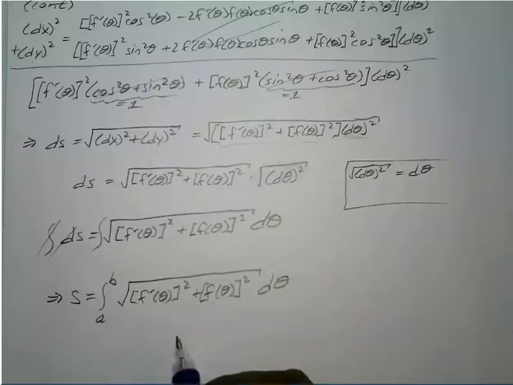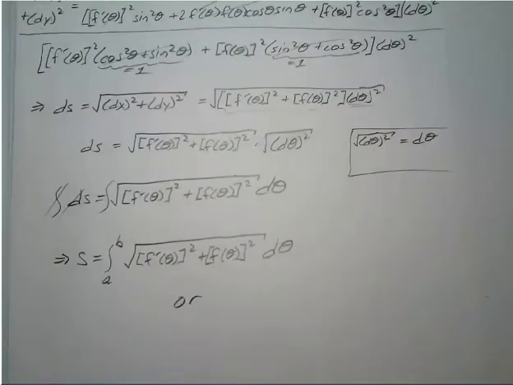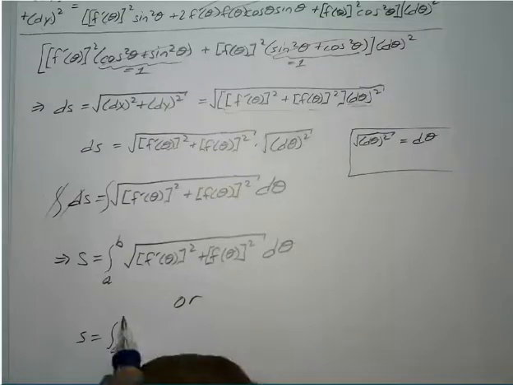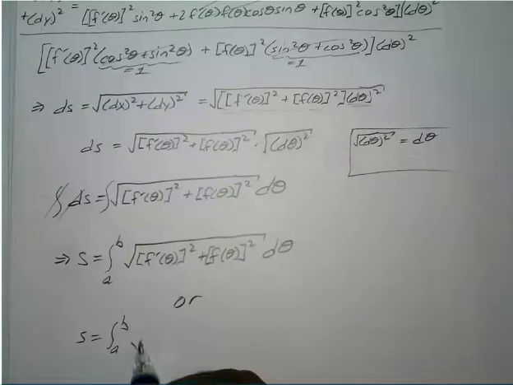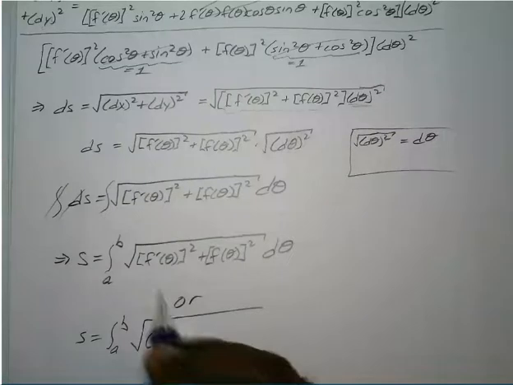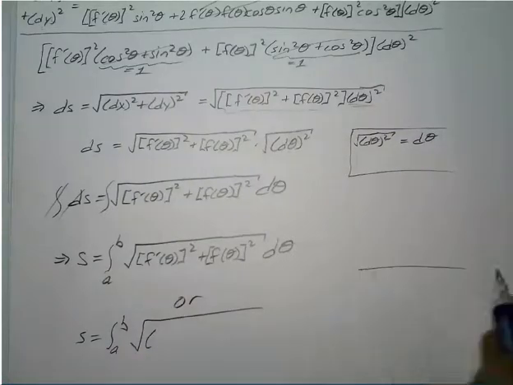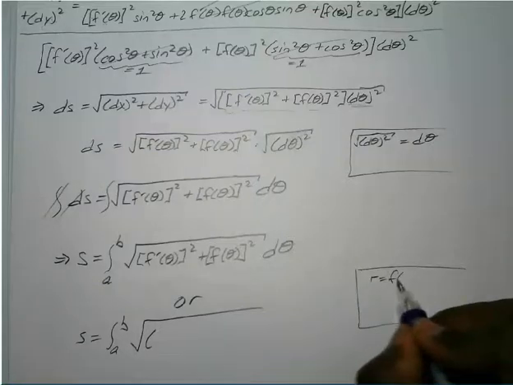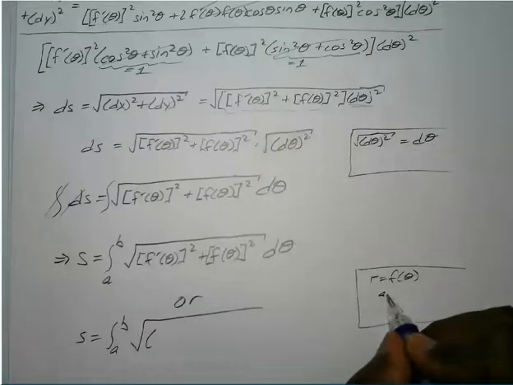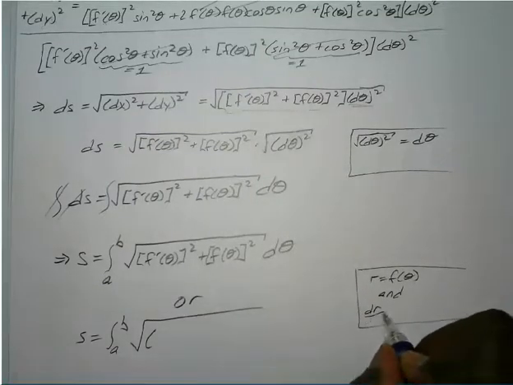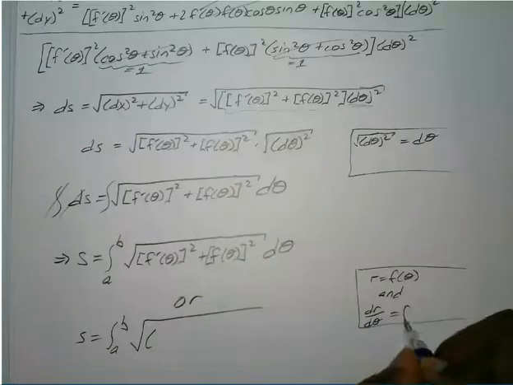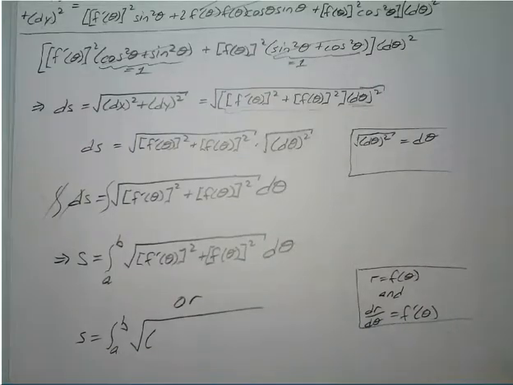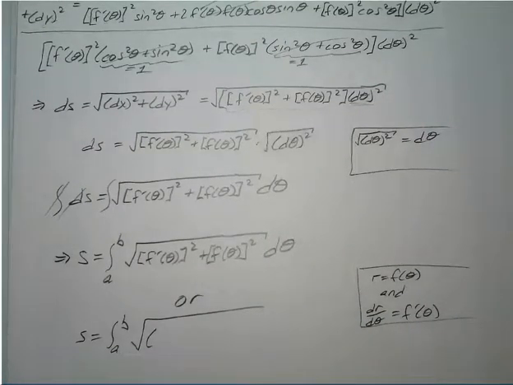Or if you want to simplify that even more, s can be equal to the integral from a to b, the square root, instead of f prime, since r equals f of theta, and dr d theta equals f prime of theta, we can just replace those.